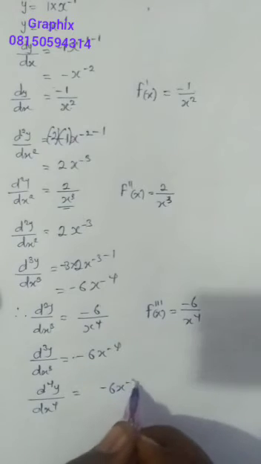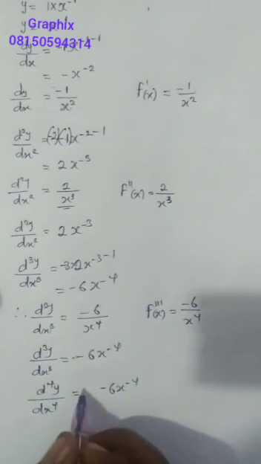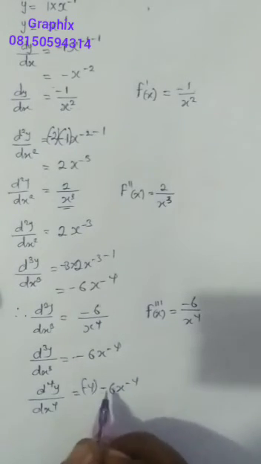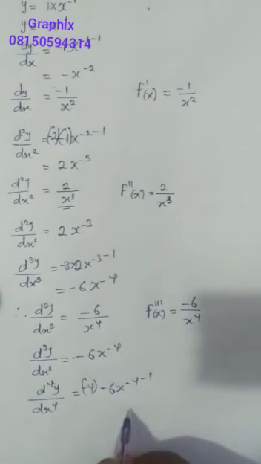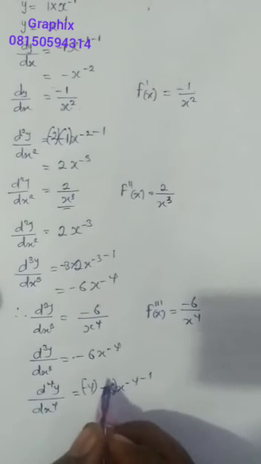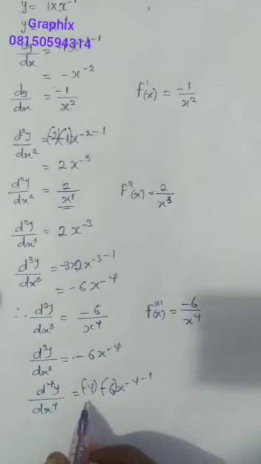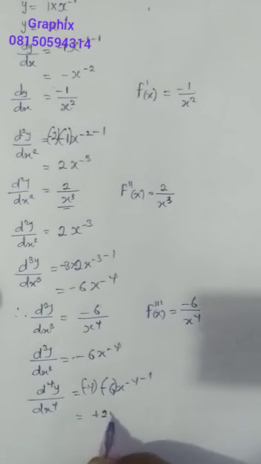I write it out. Since I put the 4, this minus 4 will come down here, times minus 6. Then I'll subtract 1 here. Mind you, this one is in the bracket, so you do not get confused. So minus 4 times minus 6 will give you positive 24, so we have x minus 5.